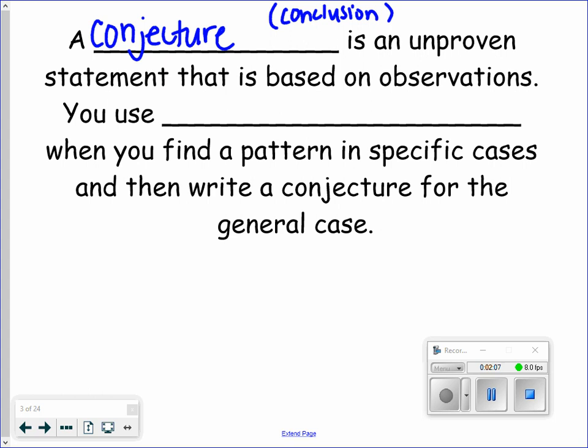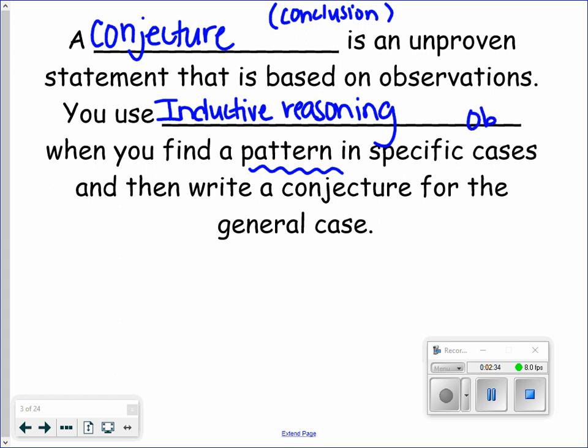It is an unproven statement that is based on observations. You use inductive reasoning when you find a pattern, so highlight this in specific cases and then write a conjecture for the general case. So inductive reasoning is when you use patterns and sometimes you use observations. Actually, it's right up above here.